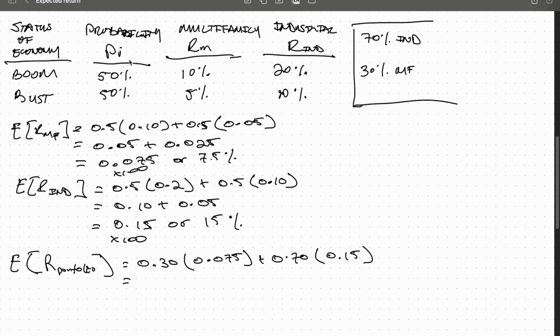It's going to be 0.0225 plus 0.105. And this gives you a return of 0.1275, or if you want to multiply by 100 to get a percentage, 12.75%.